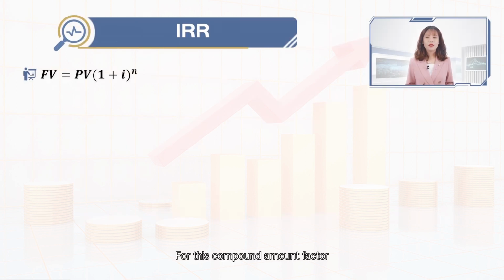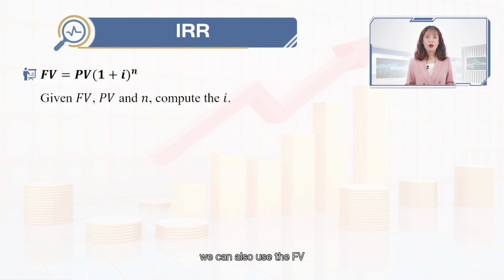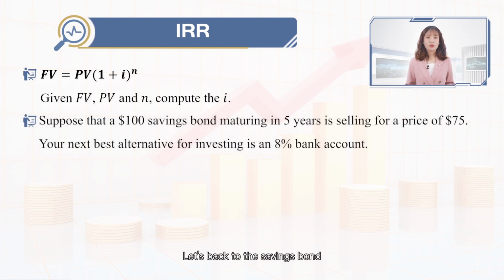For this compound amount factor, we can also use the FV, PV, and N to compute the I. Let's go back to the savings bond. The FV is 100, PV is 75, and N is 5.